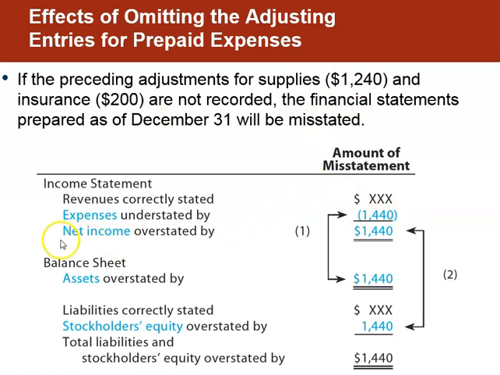Therefore, net income is overstated. Assets are overstated, because supplies are overstated by $1,240 and prepaid insurance is overstated by $200, so that's a total of $1,440, and as a result, stockholders' equity is also overstated by $1,440. Why? Because net income flows into retained earnings, which is a part of stockholders' equity.